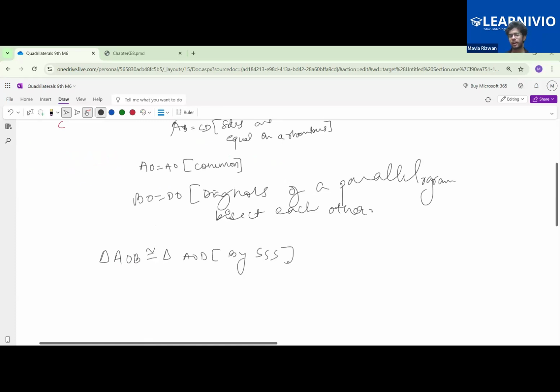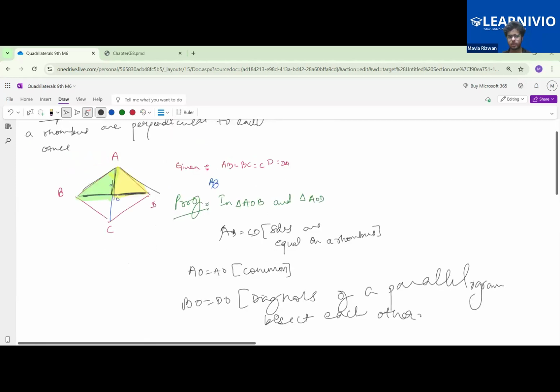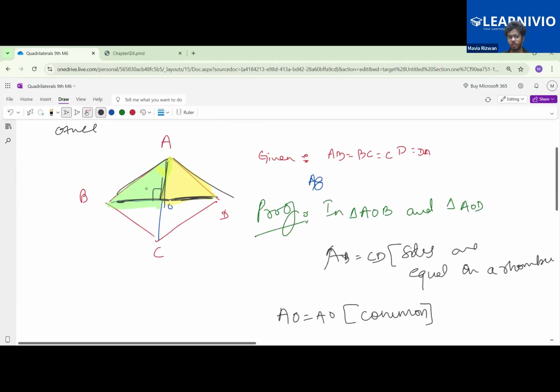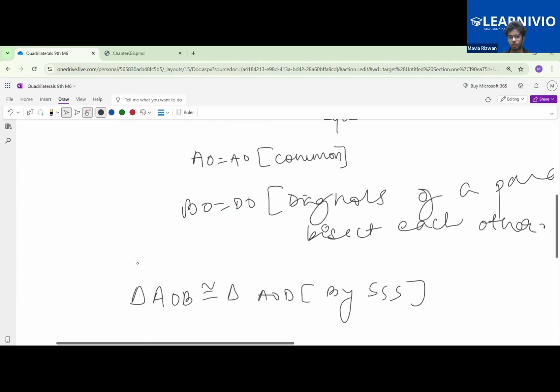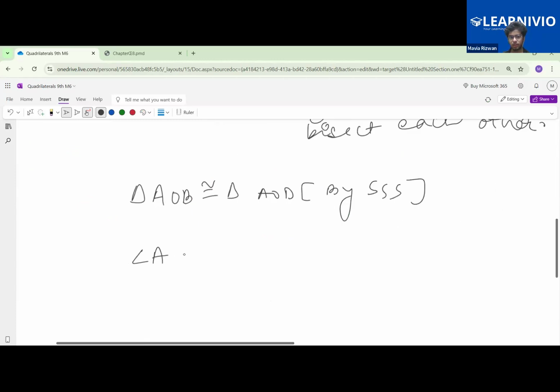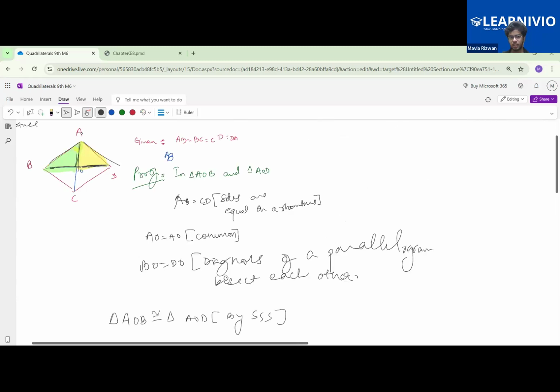Okay, once we have proven them congruent, we can say that angle AOB is equal to angle AOD by CPCT.